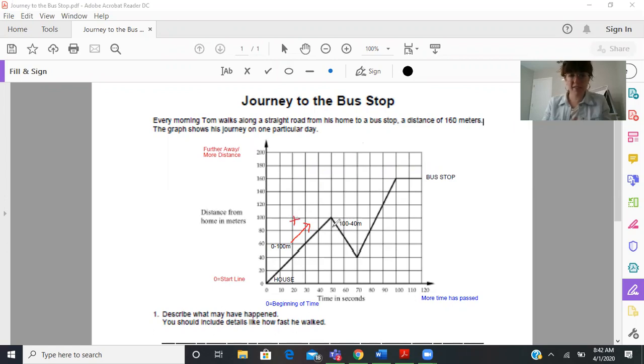And here I'm moving down or back towards the start, so it's a negative slope.